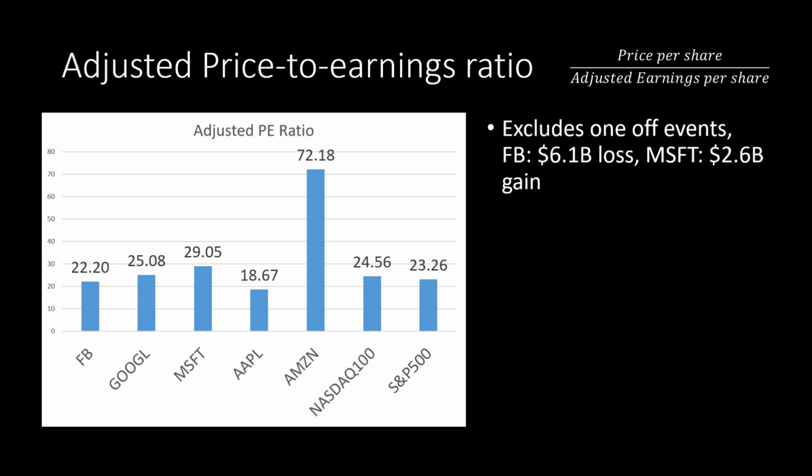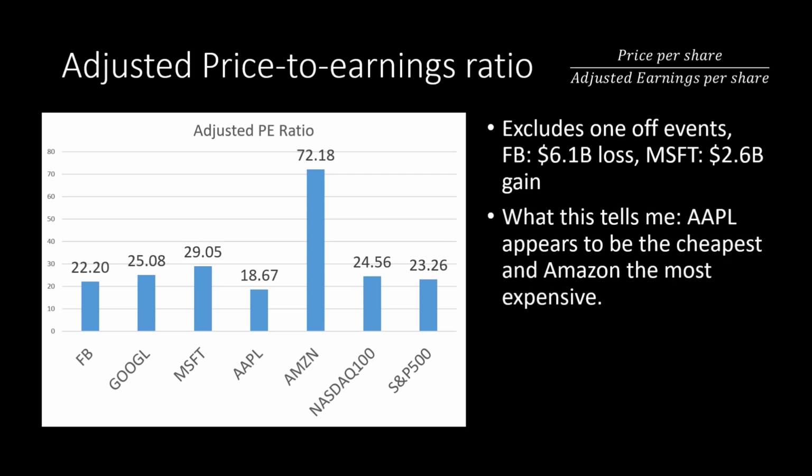So if we strip that all out, that gives us a more accurate picture of the price to earnings ratio. And what this tells me now is Apple still appears to be the cheapest and Amazon is the most expensive. But like I said before, now the Facebook stock appears cheaper than the Nasdaq and the S&P 500 index.